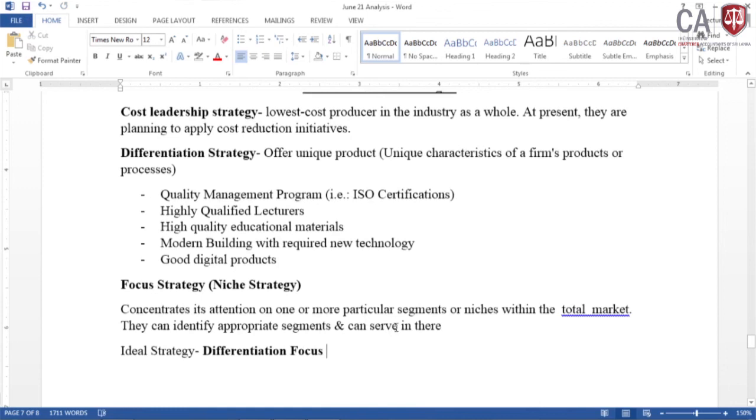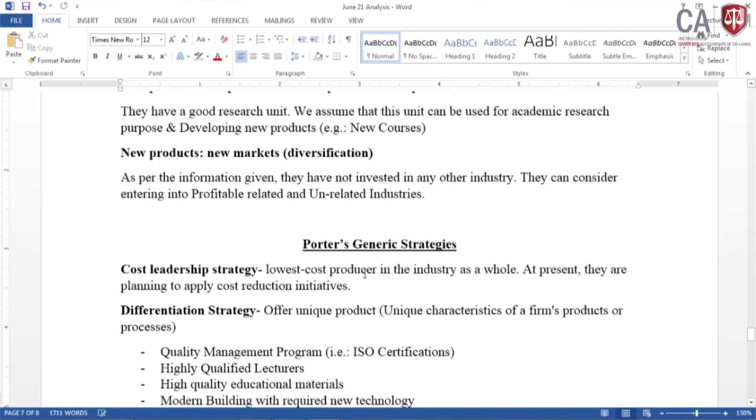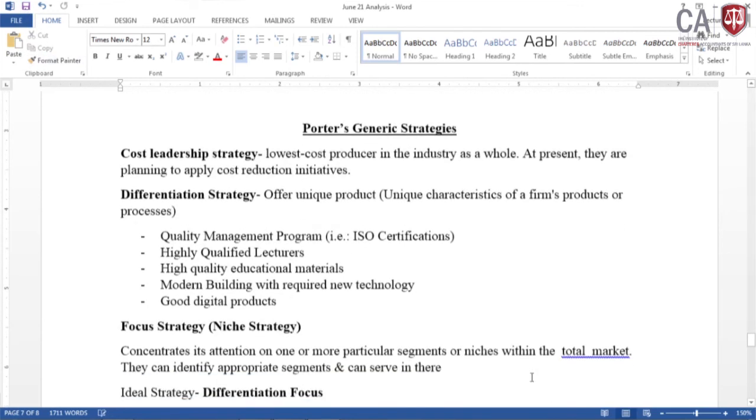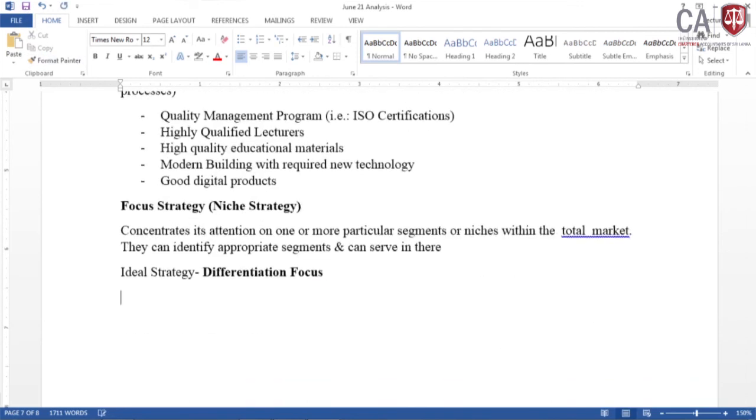Then we can look at about the marketing mix variable also quickly. Marketing mix, 4 P's.